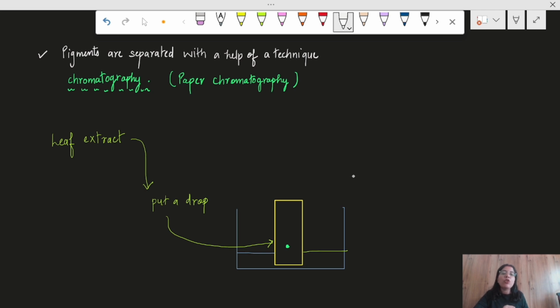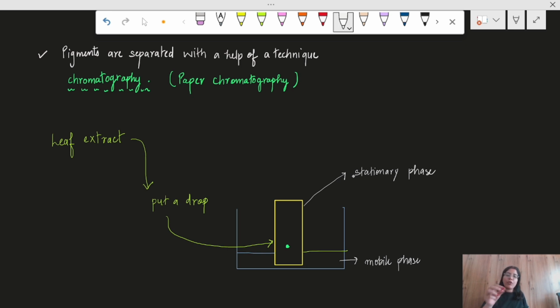In this paper chromatography, there are two phases. One is called the mobile phase, which is liquid, and another one is the paper, which is called the stationary phase. What happens here?